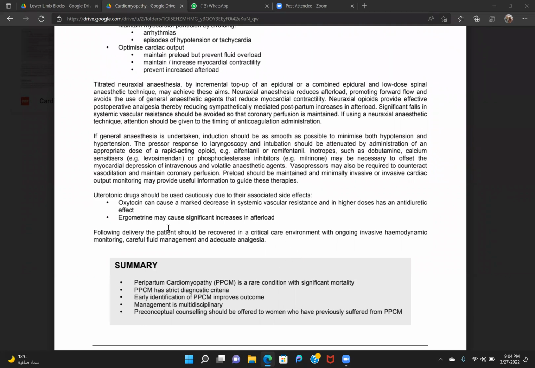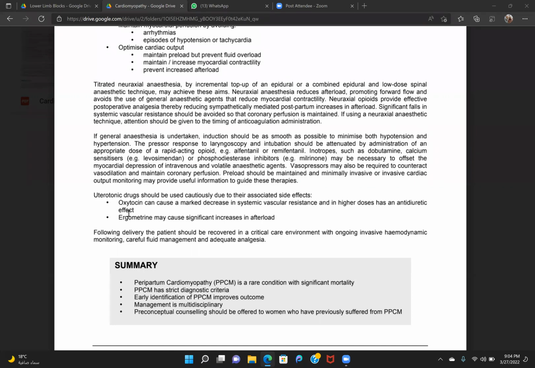Okay. Again, the concern will be oxytocin. It will not be a good choice to give. There is another new medication, carbetocin, which is relatively long acting, and it has less cardiovascular effect as compared to oxytocin.